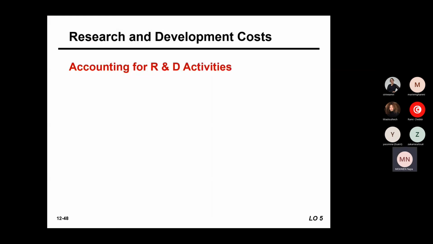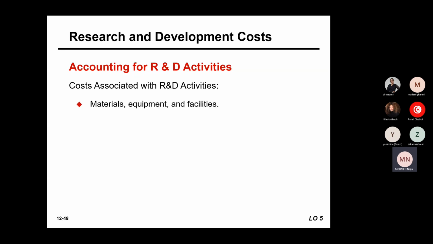Let's see now how to account for research and development activities. For the research and development activity, as I said, we can incur expenditures related to the purchase of materials, equipment, and facilities. We have also incurrence of costs regarding the personnel, so here we're talking about salaries and wages.